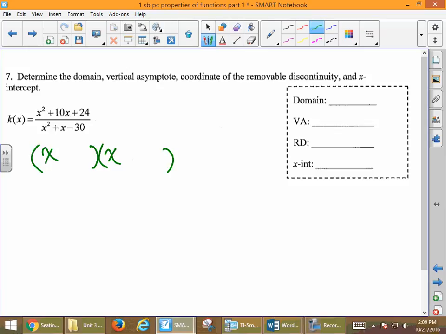We've got x and x, factors of 24 that combine to be 10. I think it's plus 4 and plus 6. And then in our denominator, because we want to find our domain, the factors of 30 that combine to be 11, we get 6 and 5.